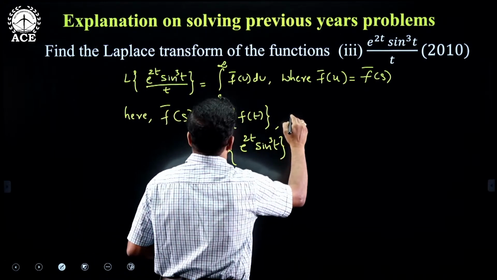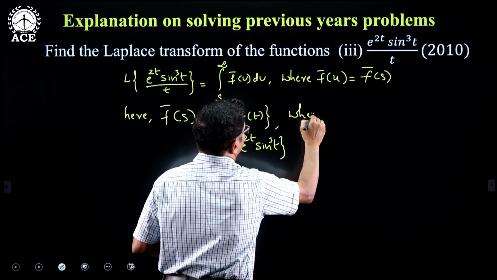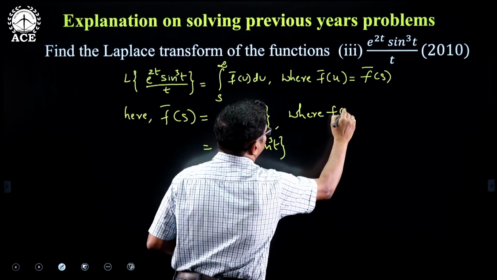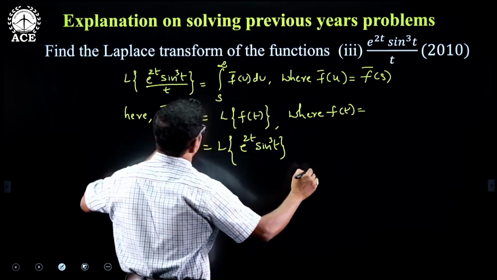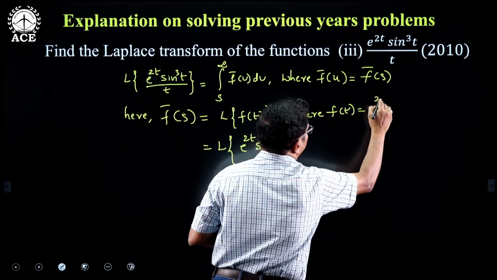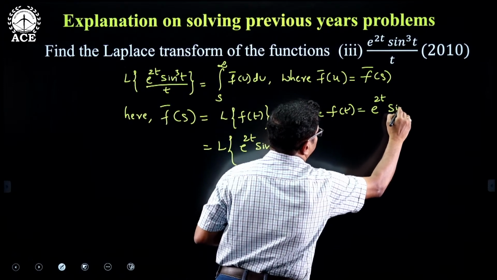So here f of t equals e power 2t sine cube t.